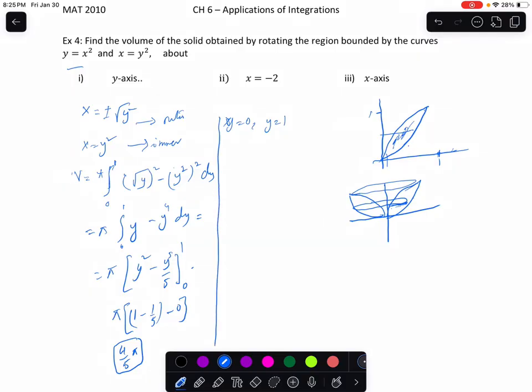Okay, the second one is when we are going to rotate it about the x-axis. Let's do this one first and then we will come back to the other one.